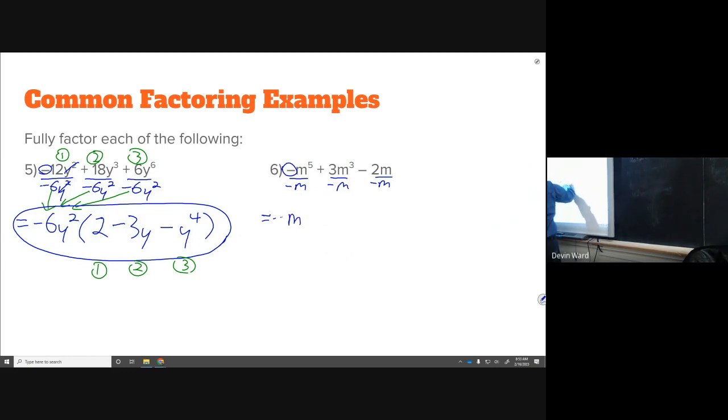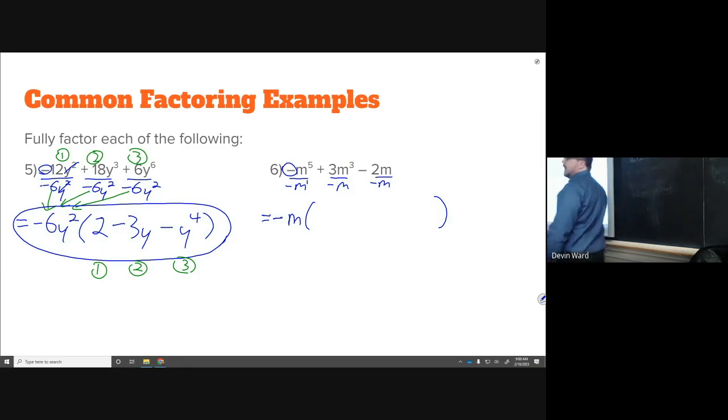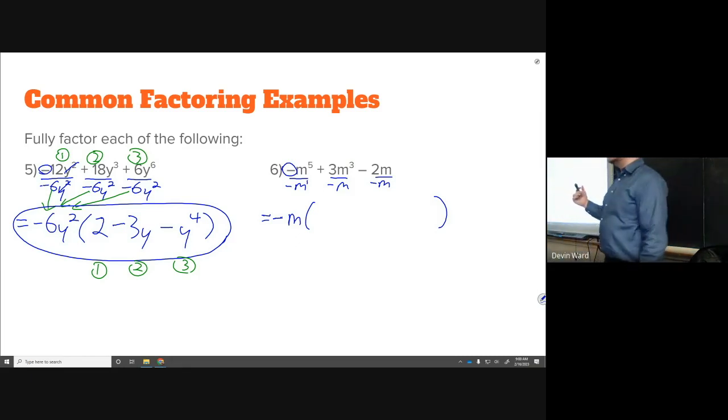So we have equals negative m. Okay, so we have negative m to the power of 5 divided by negative m. That would be, what happens when we have technically m to the power of 1, okay?